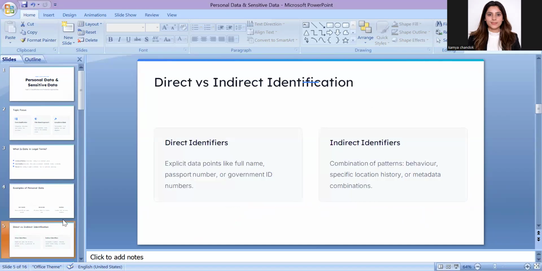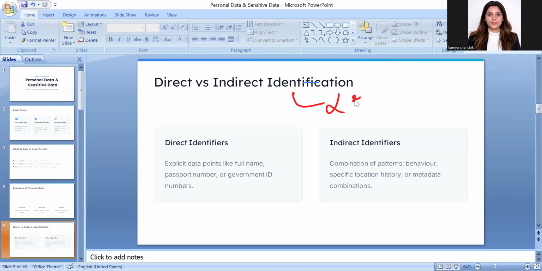Now let's talk about the difference between direct and indirect identification. Identification does not require a name. A person can be identified directly, like via a government ID, your Aadhaar card or your PAN, or the person could be identified indirectly through a combination of, let's say, location, device ID, or behavior.